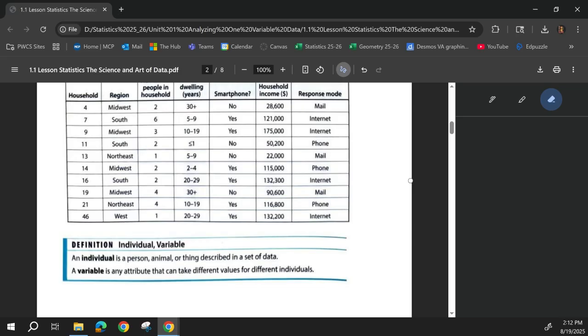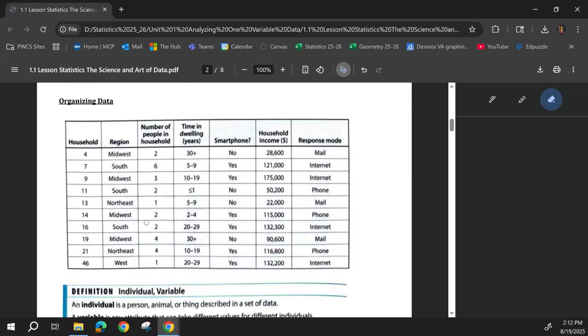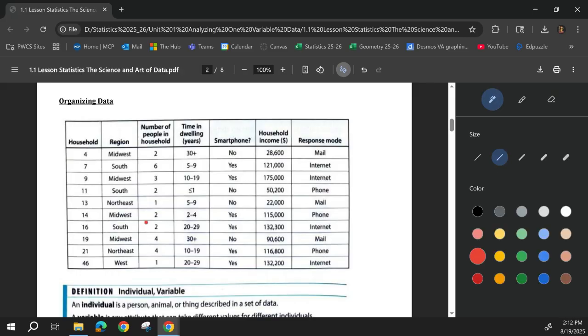So we have individuals in the data. Those are usually people or animals or things that are being described or studied. And in that case, the things we are studying are households. So these numbers have to do with household number 4 or household number 7, so on and so forth.